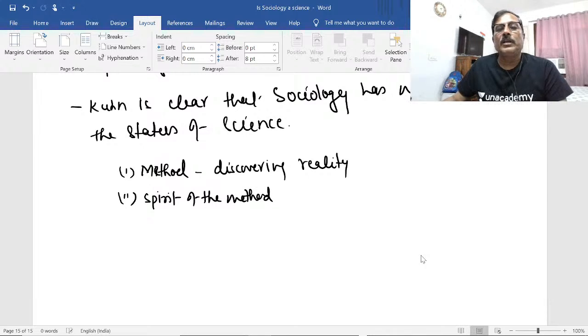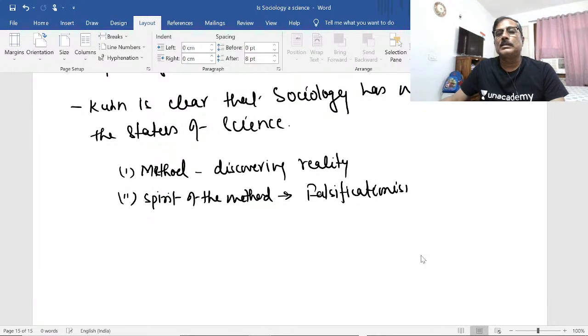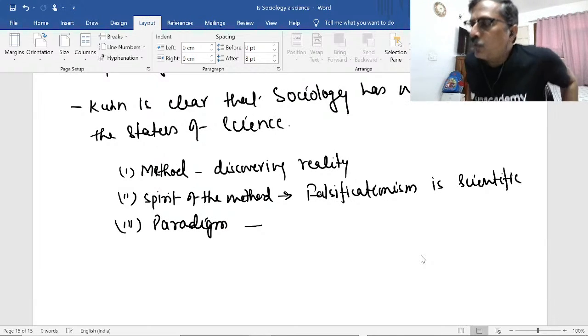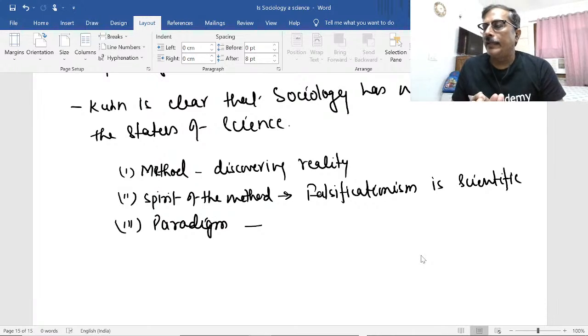If you see the spirit of the method, then falsificationism is scientific. Then we see paradigm: whether a discipline has attained paradigm or not, then we can call it scientific. That means what? When we are trying to prove whether something is science or not, you need to lay down parameters of science first.